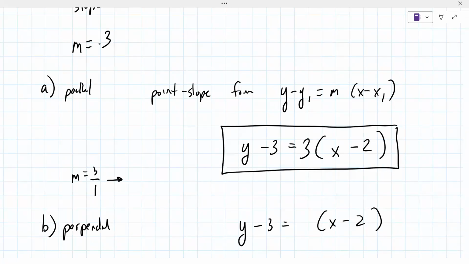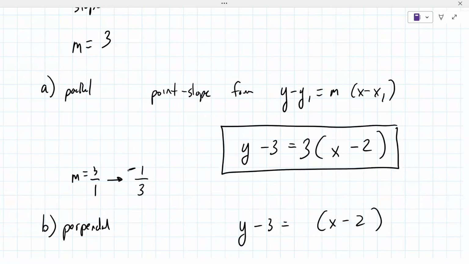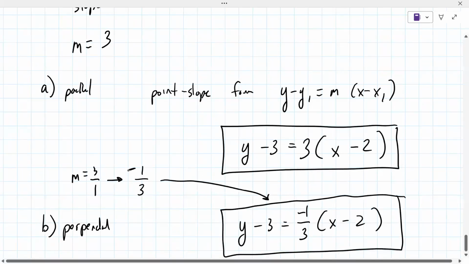In your last year, or maybe in class today, you might have heard words like opposite reciprocal or flip, negate. Depending on the words you like, you have to flip the fraction. And then if it's positive, it becomes negative. If it's negative, it becomes positive. This is your new slope. And you're done. Nothing else changes.